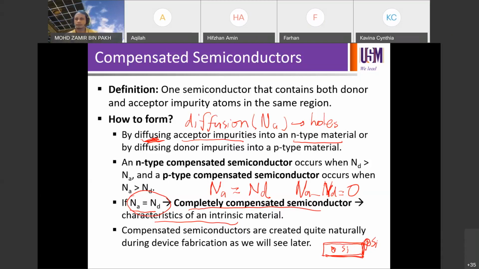Okay, is it easier to compensate a semiconductor, or is it easier to dope a semiconductor from intrinsic? So if you are given two types of wafers, one is n-type silicon, one is intrinsic silicon, is it easier to dope p-type to the intrinsic or to the n-type silicon?